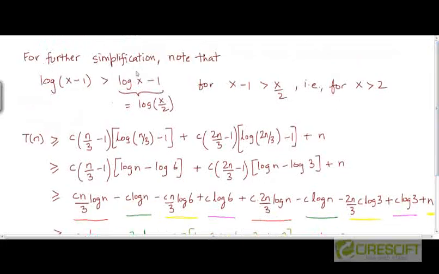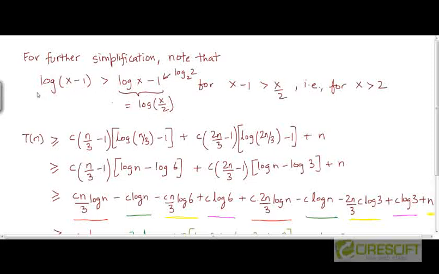For further simplification, let's note that log of a number (x minus 1) will be greater than log of x, minus 1, the minus 1 outside. The log of (x minus 1) is nothing but log of x minus, this 1 can be written as log of 2 to the base 2. And log of x minus log of 2 is log of x divided by 2.